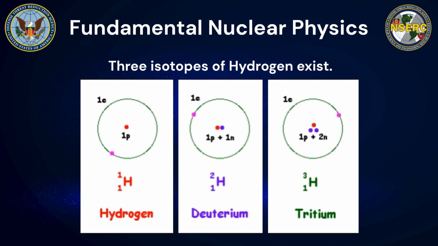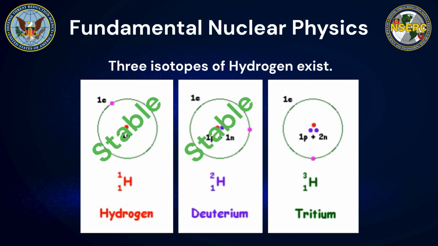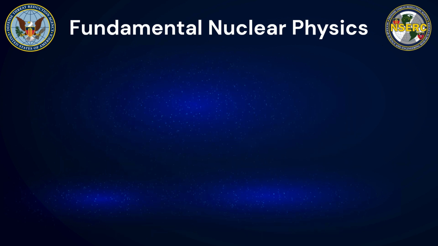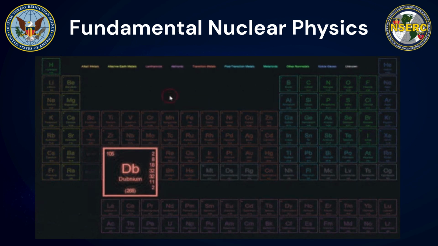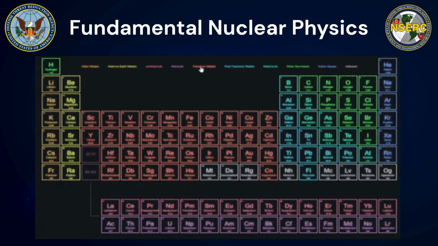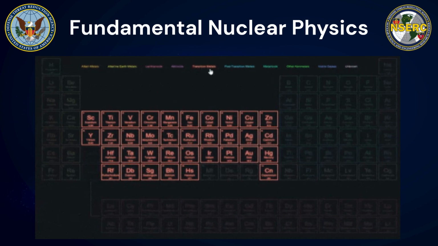All 3 isotopes are forms of hydrogen. However, only the H1 and H2 isotopes are stable. The H3, or tritium isotope, is unstable, which means it undergoes radioactive decay. In fact, of the roughly 90 chemical elements found in nature, typically 2 to 3 isotopes of each element are stable, while the remaining isotopic configurations are unstable and result in decay.